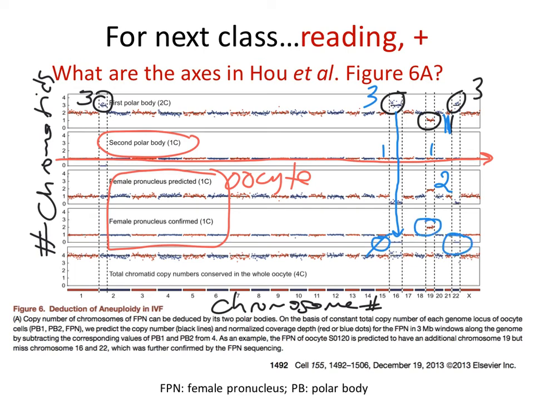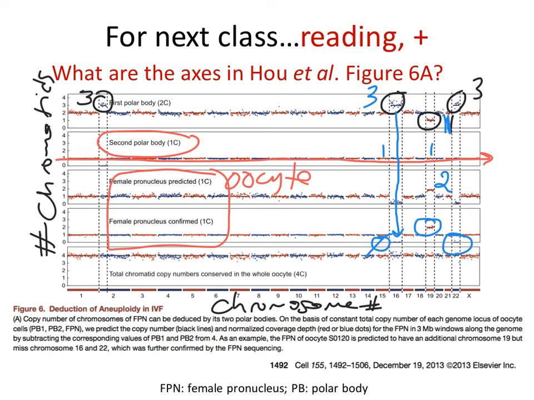We've got 0 copies of chromosome 22. Would you use this oocyte for in vitro fertilization? Personal judgment call. Probably not. Because you're going to make an embryo that's aneuploid, unless you happen to find a sperm that has exactly the opposite pattern of chromosomal deficiencies, but what's the probability of finding that?